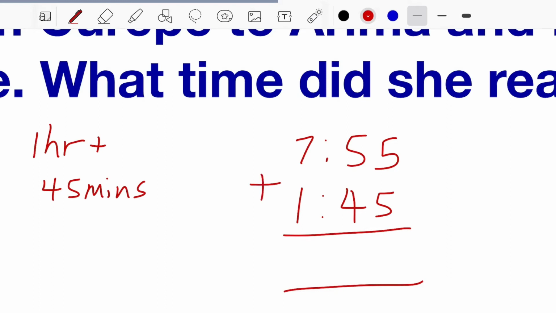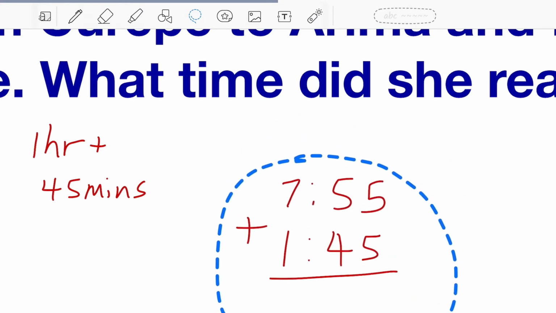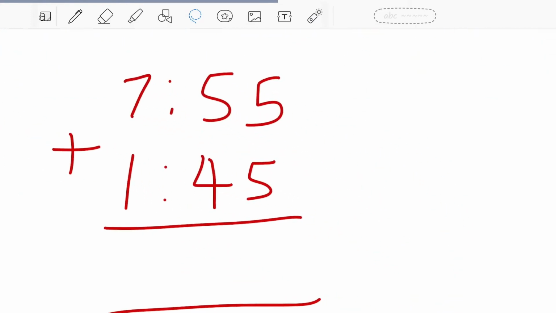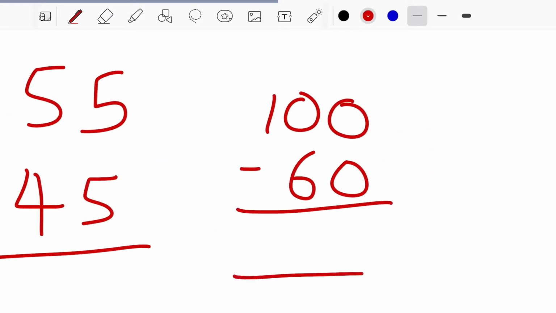So we have another addition to do here. 55 plus 45 will definitely cross 60. When we do the addition, we will get 90 and 10, that's 100 minutes, which we can again subtract 60 from to convert it to hours and minutes.